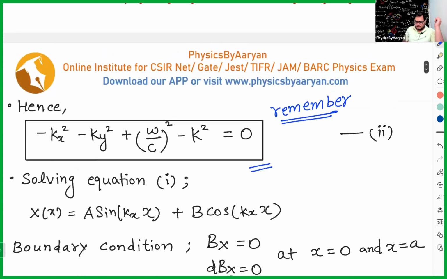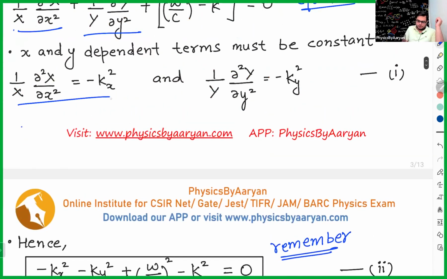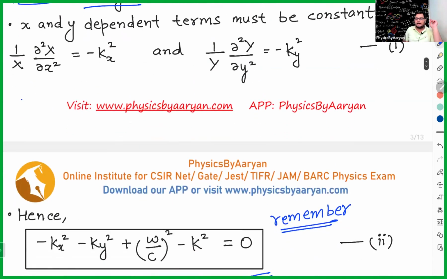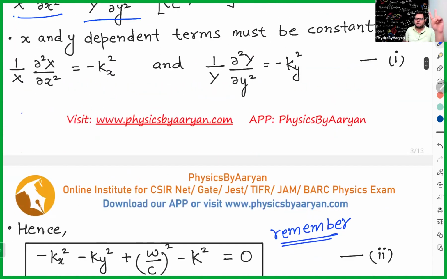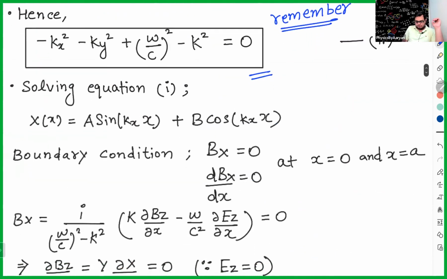Now I got two equations, so let's solve them. I will solve this. This is a simple harmonic equation, and the solution of simple harmonic can be two things. Either it can be sine kx or it can be cos kx. I'm not sure if it is sine or cos. So the general solution will be a sine kx plus b cos kx.